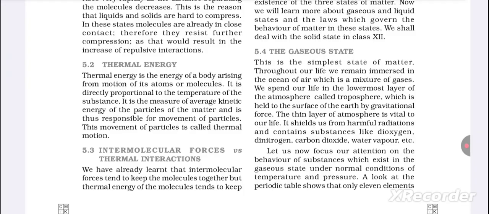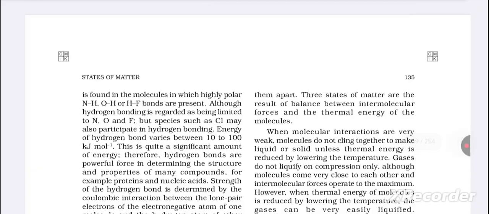We have already learnt that intermolecular forces tend to keep the molecules together, but thermal energy of the molecules tends to keep them apart. The three states of matter are the result of balance between intermolecular forces and the thermal energy of the molecules.